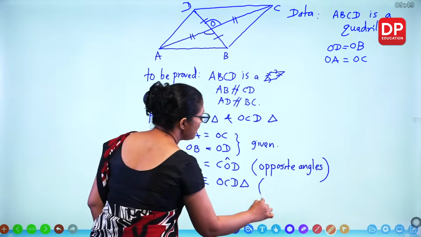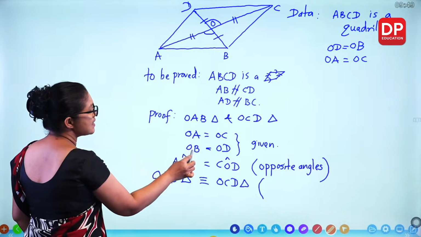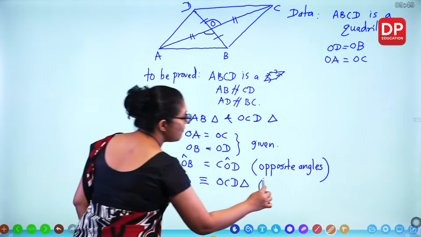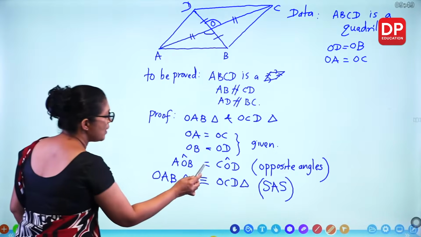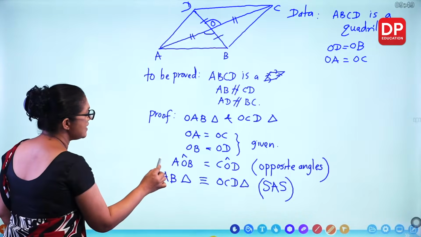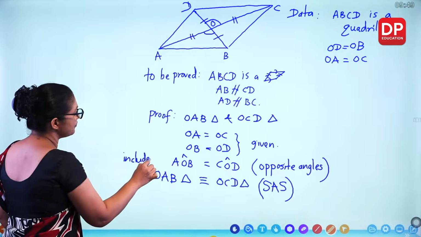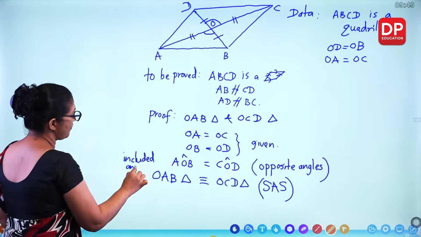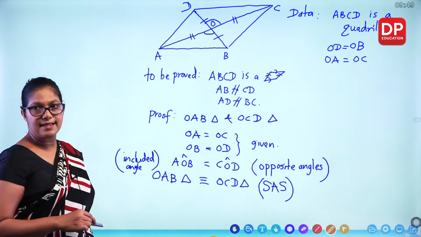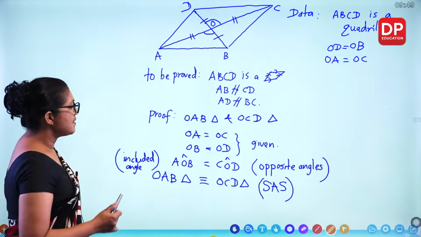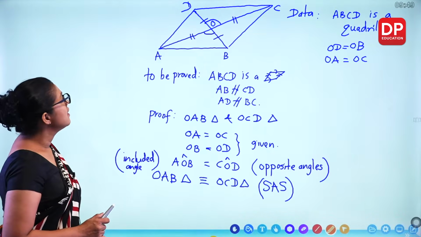What's the reason? Side angle side, and also we know this angle is included angle. Two sides and included angle equal means these two triangles are congruent.